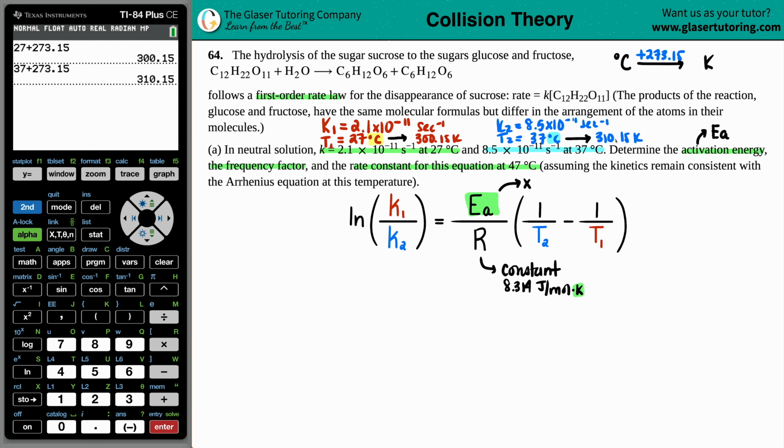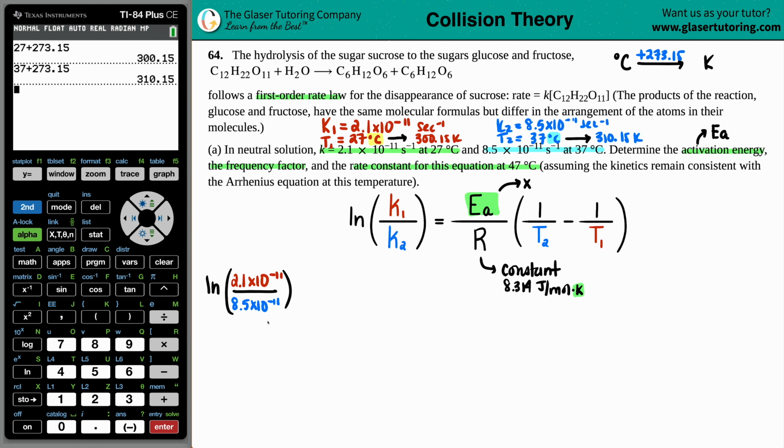310.15 Kelvin. And now we're ready to plug in our K1s and K2s, T1s and T2s. Let's go for it. So we have ln of K1, which we said was 2.1 times 10 to the negative 11th, divided by the K2, which is 8.5 times 10 to the negative 11th.